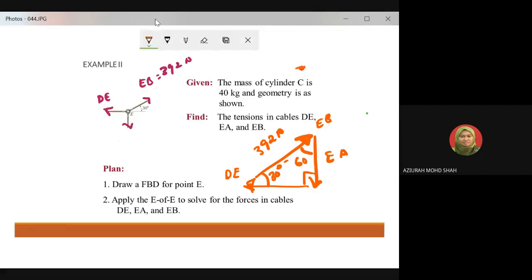So, EB dah ada dah tadi kan. Jadi kita ambil EB sin 90. Sin 90 saya tahulah berapa kan. Tak payah tulis pun tak apa. Tapi nak tulis juga boleh. EB sin 90 is equal to EA sin 30. Berapa yang EA dapat?